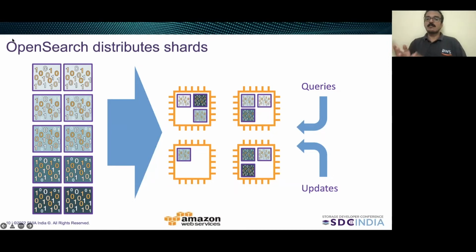The queries and updates go to these shards, and both the primaries and replicas get the updates, and they both index independently today. Queries can be served from either the primary or the replica based on the load balancing algorithms that OpenSearch internally uses.